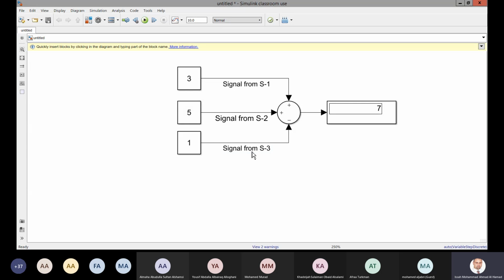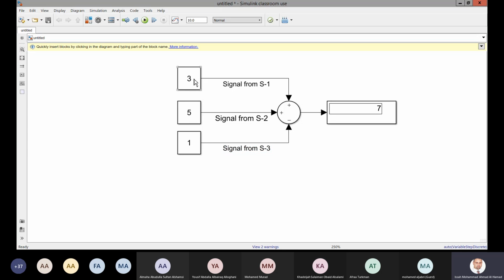It will help you in checking the system and going back and forth to see if you have any problem or if anything is wrong. So usually we make this.